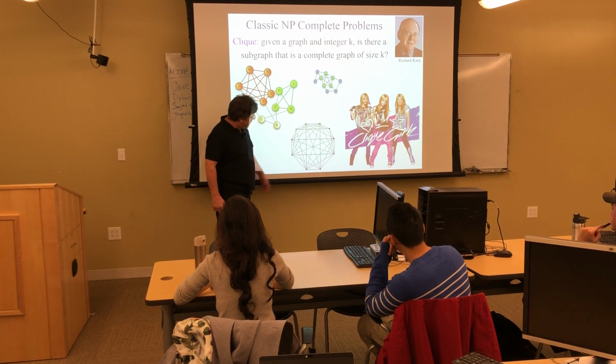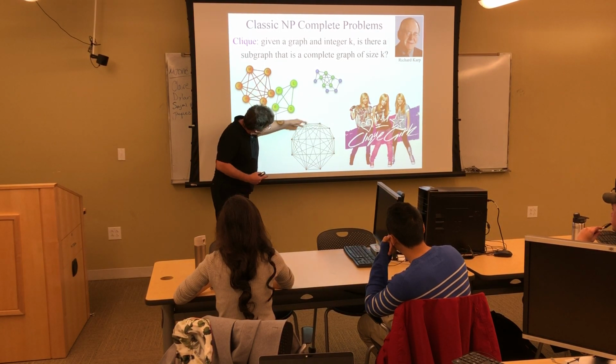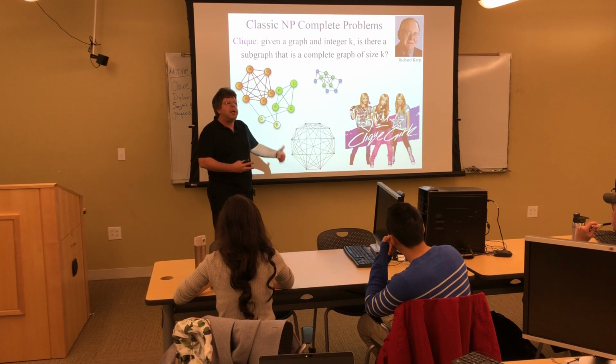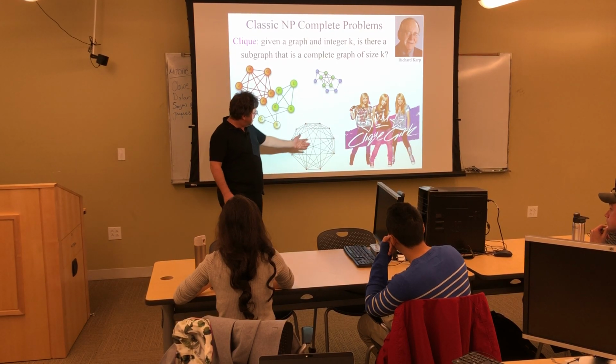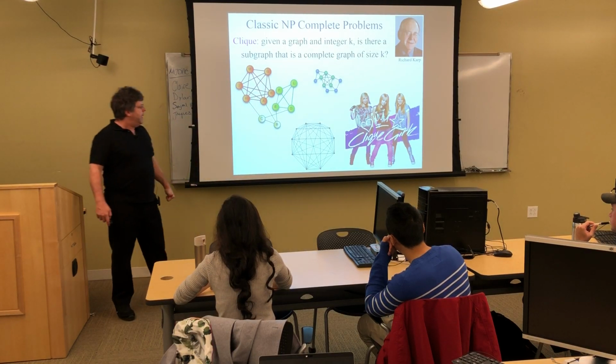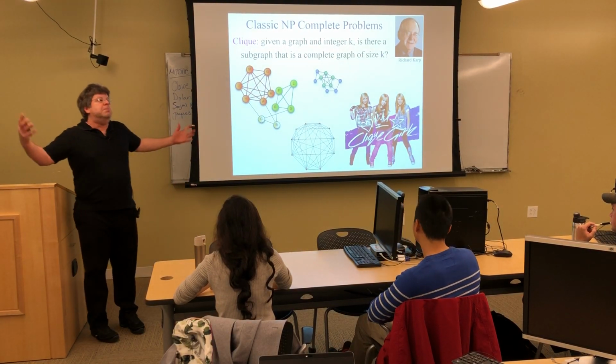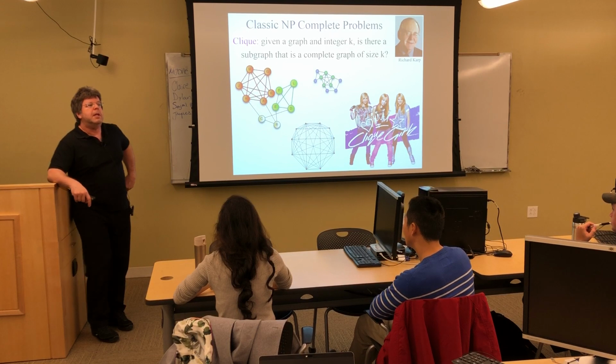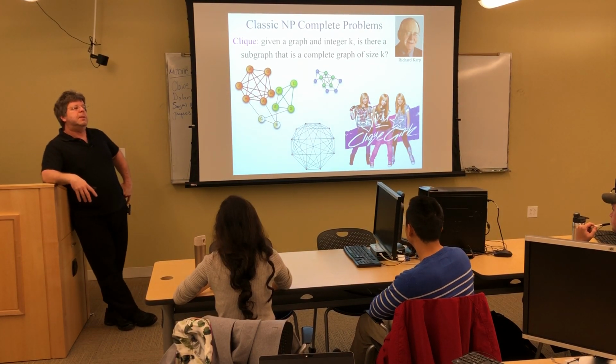And there are more nodes here, and where would the 4 nodes be? And then for each combination, you have to check if it's a clique or if an edge is missing. Not so obvious now, is it? Because I didn't paint it. And if I give you a graph of size 1,000,000 and ask you, is there a 10,000 clique? Forget about it. You can spend eternity and not be able to find this out.